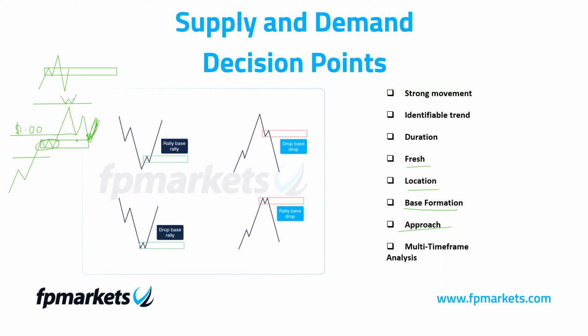We get the break of the neckline, and then they get slammed out of the market and panic. So we get a small break above the neckline, and then we trade into all of that pain. You're essentially looking for pain in the market, and these are painful areas for a lot of traders.